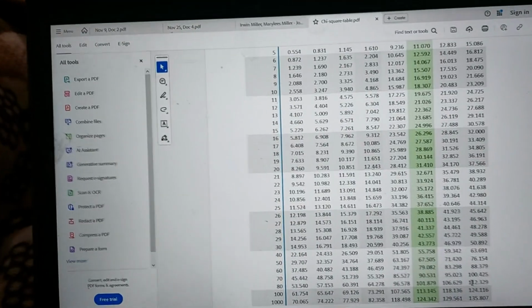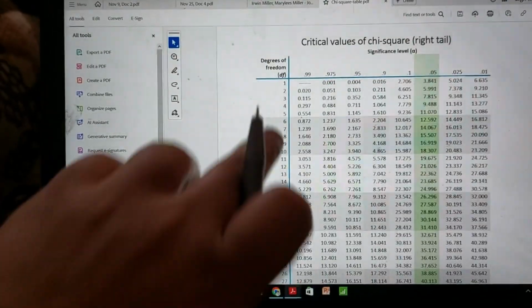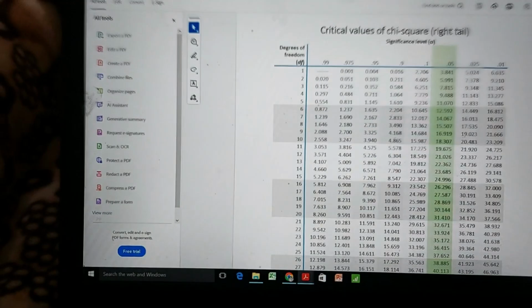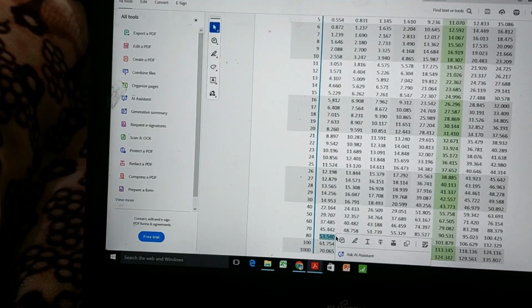Let me show you how to do it. This is 0.99, and against 80 we have a value of 53.540.